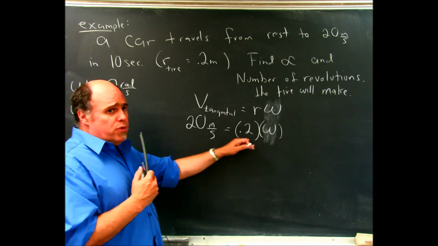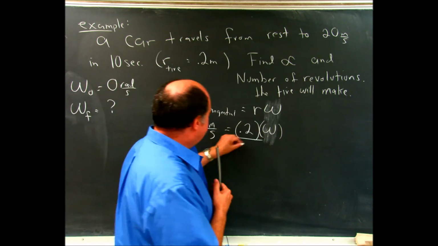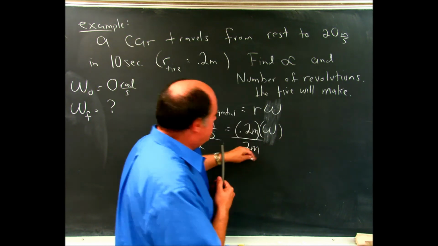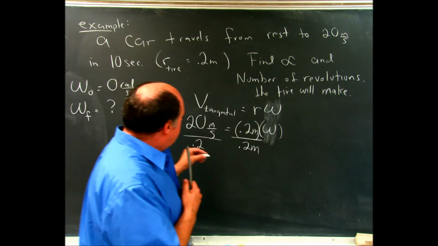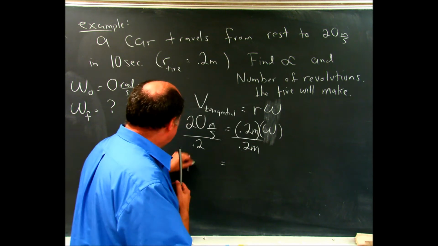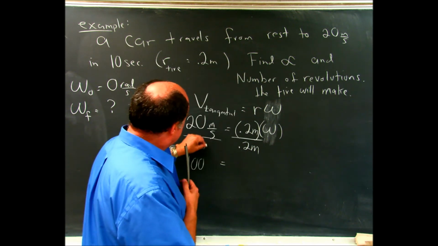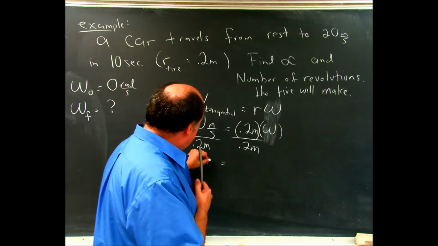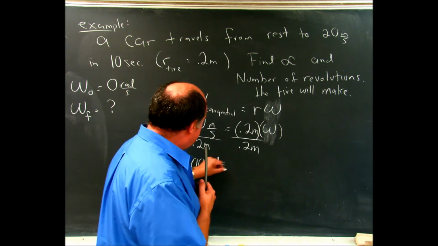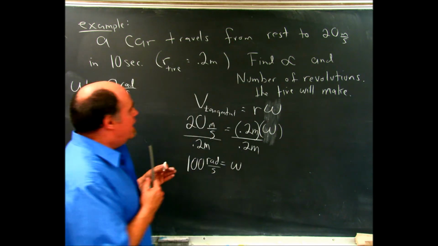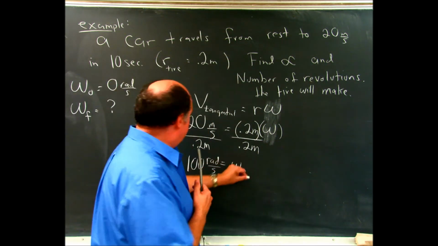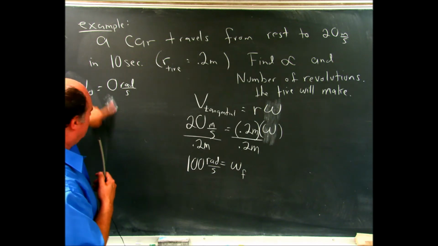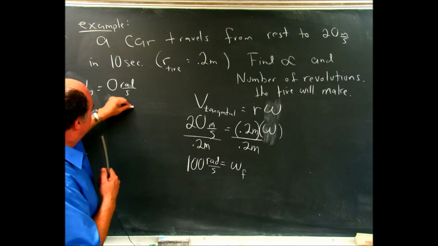If I divide both sides by 0.2, it'll come out to be 100 radians per second, and that equals omega. We are talking about the final, so this would be omega final. So right here, I've just discovered omega final. It's 100 radians per second.